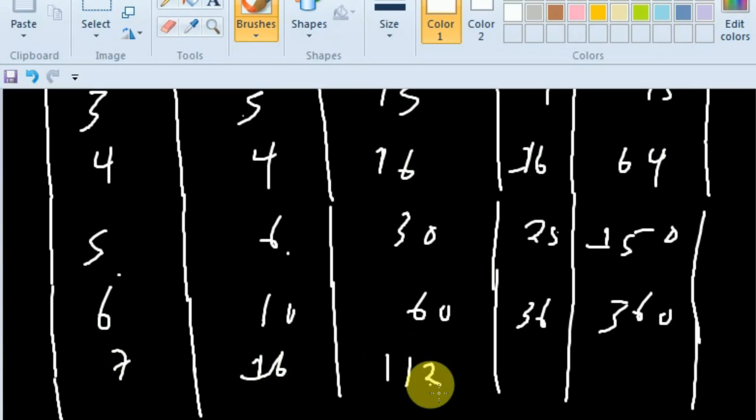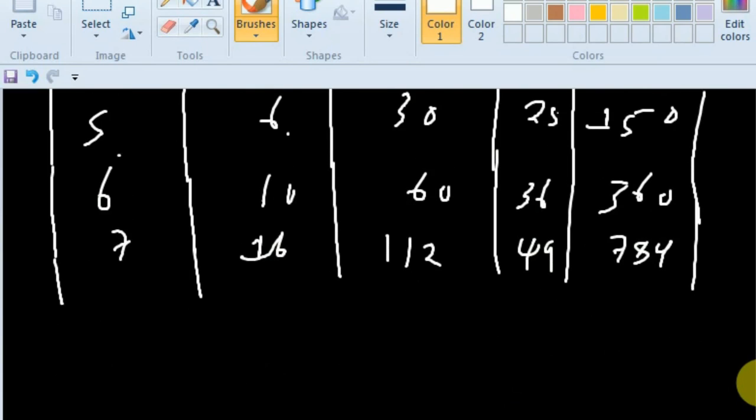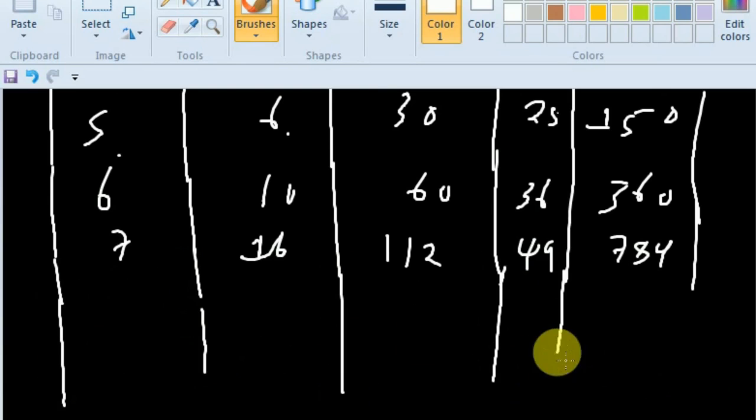Then to calculate x squared, 7 multiplied by 7, the answer is 49. Then 49 multiplied by 16, the answer is 784. Then I also have 8.